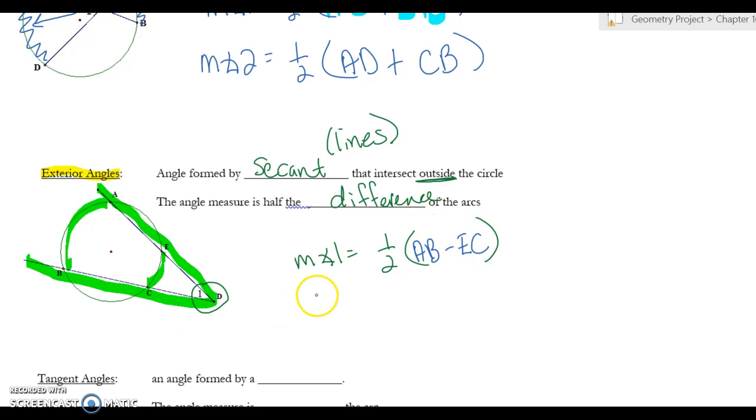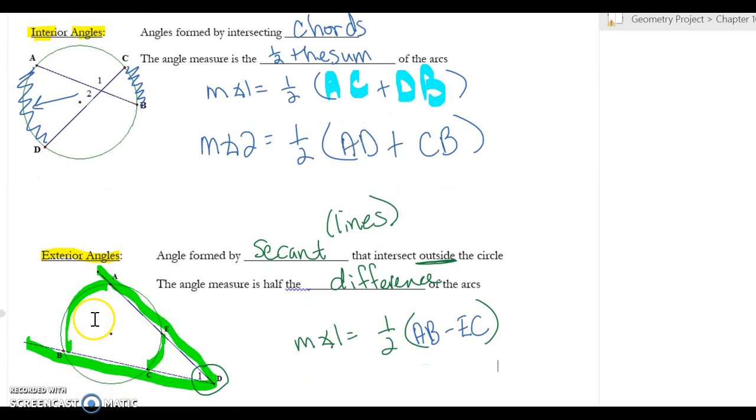So it's 1/2 of the two arcs subtracted. Sometimes people get these confused. What I like to say is, since this angle was taken outside, I'm going to take away. So inside you add, outside you subtract.